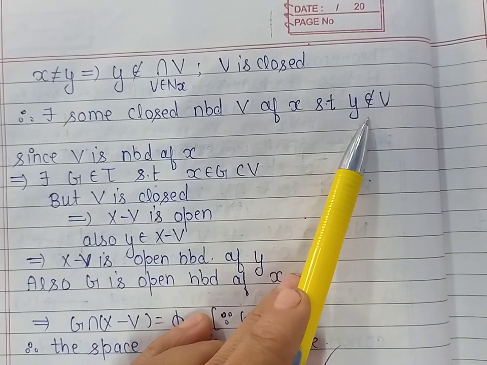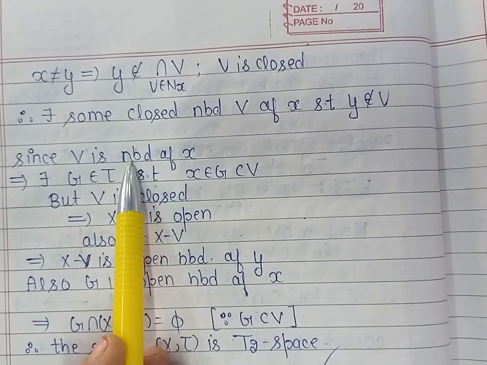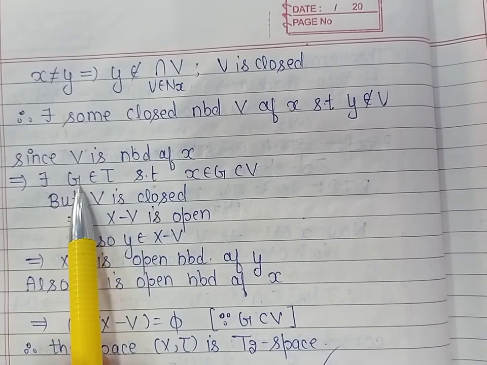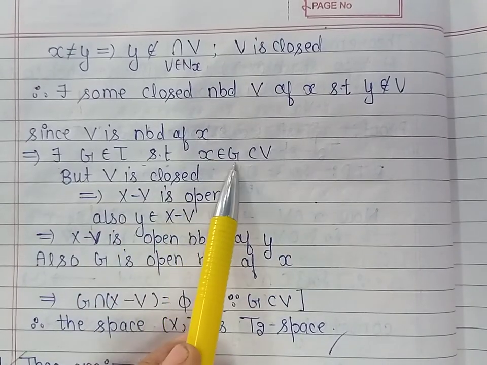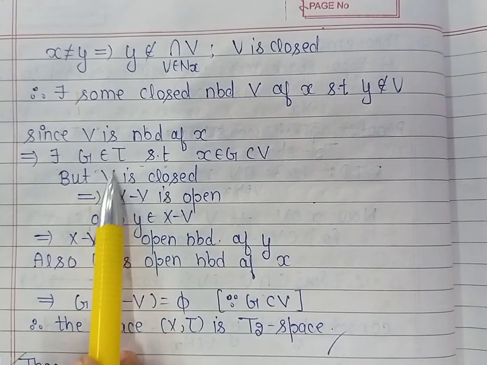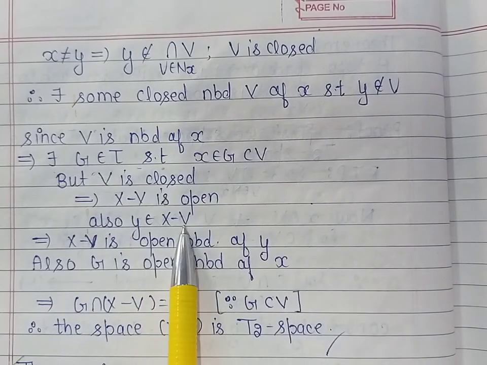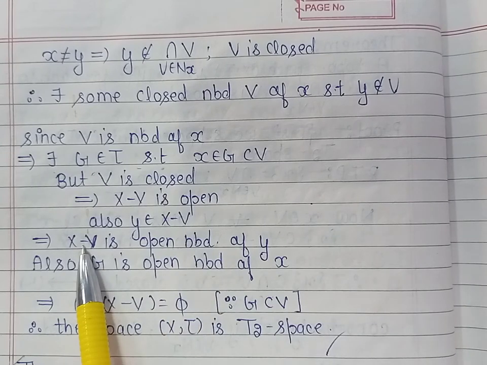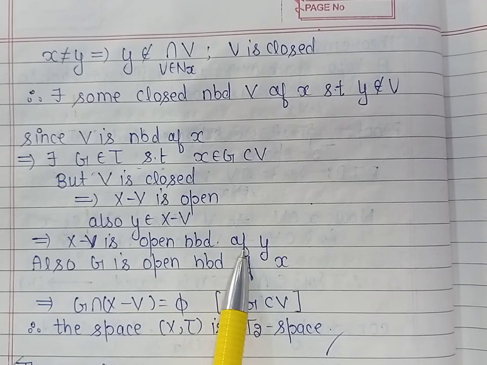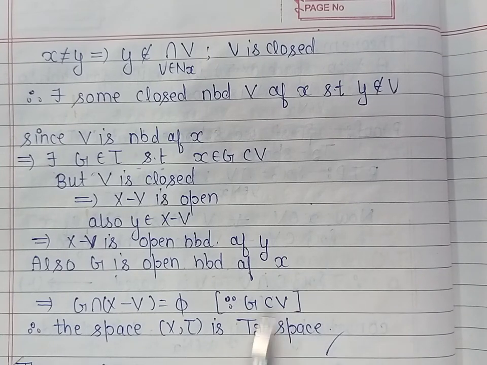Y does not belong to V. Now, because V is a neighborhood of X, by definition of neighborhood, there exists G belonging to tau such that X belongs to G is contained in V. Now because V is closed, its complement will be open, and also Y belongs to the complement of V. So we can say that X minus V is an open neighborhood of Y and G is an open neighborhood of X, and both are disjoint because G is contained in V. So the intersection of G with the complement of V will be phi.